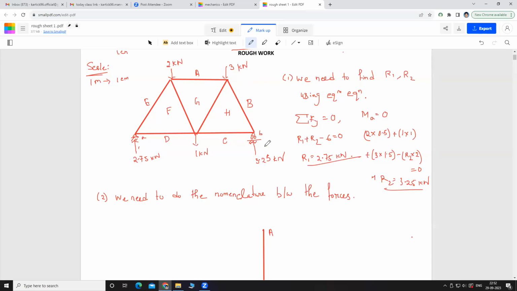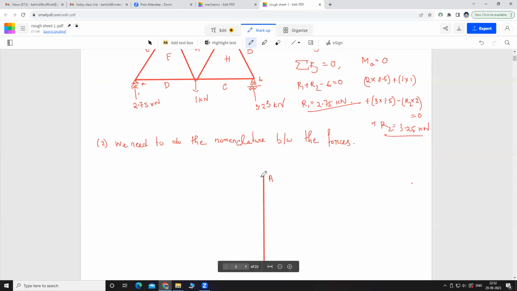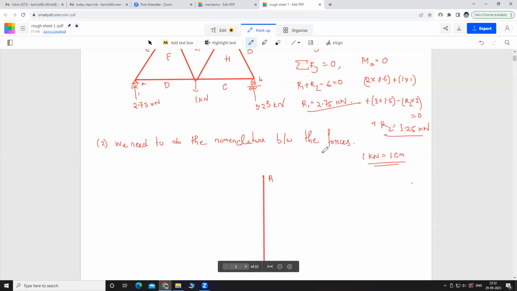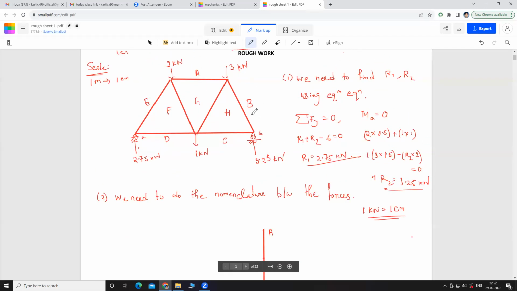For the forces also we need to do scaling. So what we can do, for 1 kilonewton, we will take as 1 centimeter. So here 3 kilonewton force downward, so we will move 3 centimeter downward. That point will be our B.